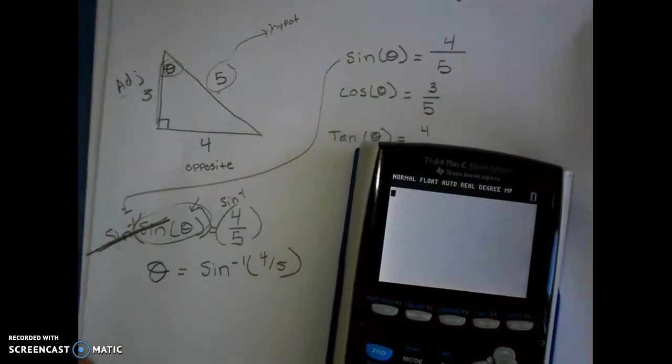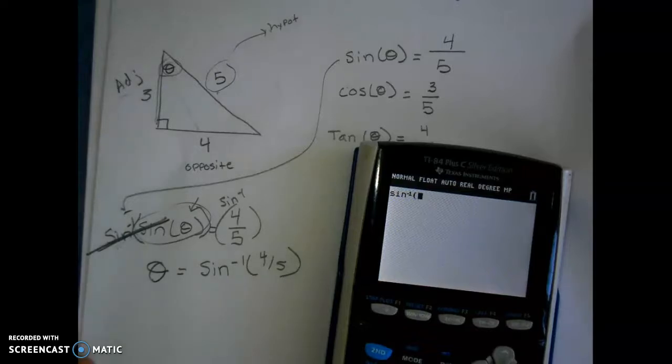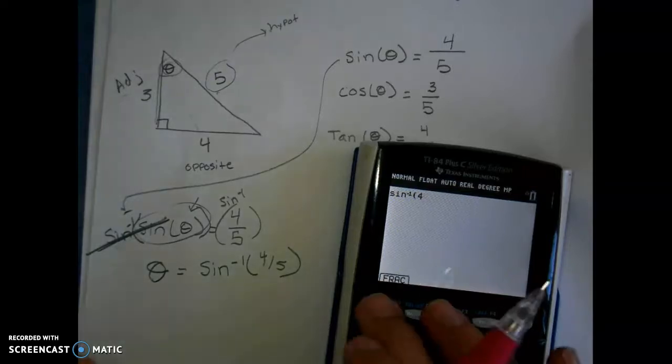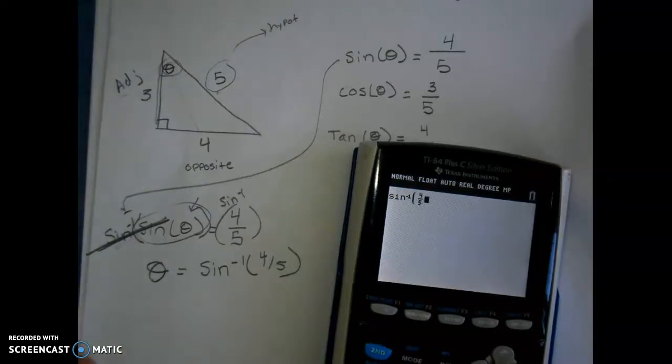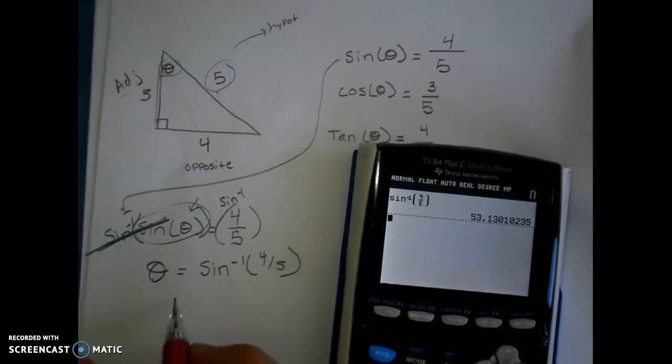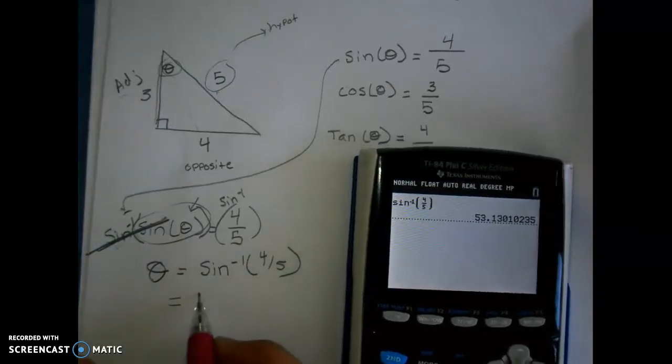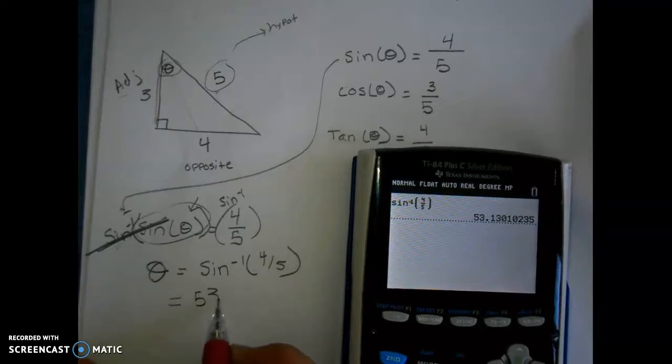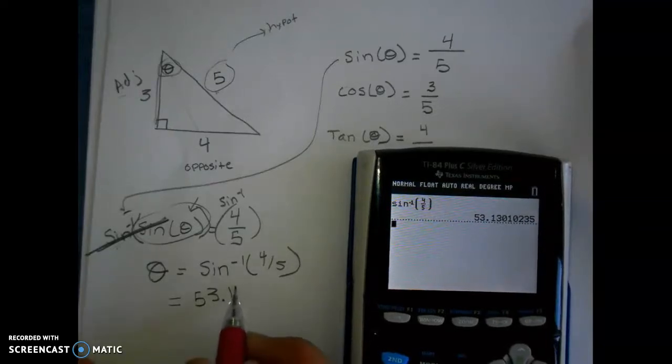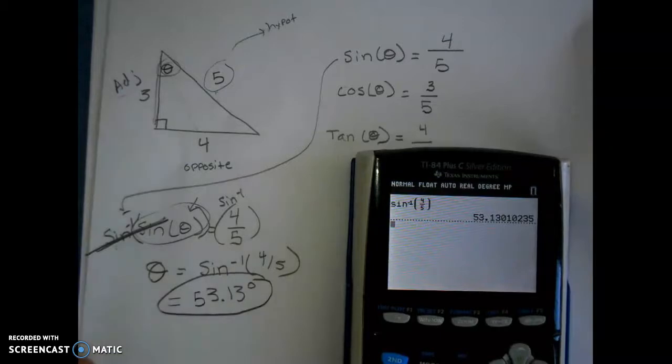I take this inverse of sine, plug in 4/5, and equals. I get theta is equal to around 53.3 degrees. And there's my theta.